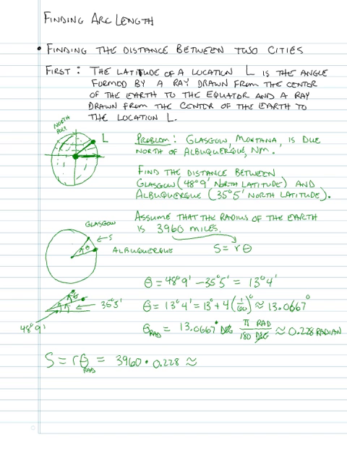When I do a calculation on that, I get approximately 903 miles. Remember, the 3,960 is in miles, and truthfully, radians don't have units really associated with them. So that's the reason it comes out in miles. Pretty cool, huh?